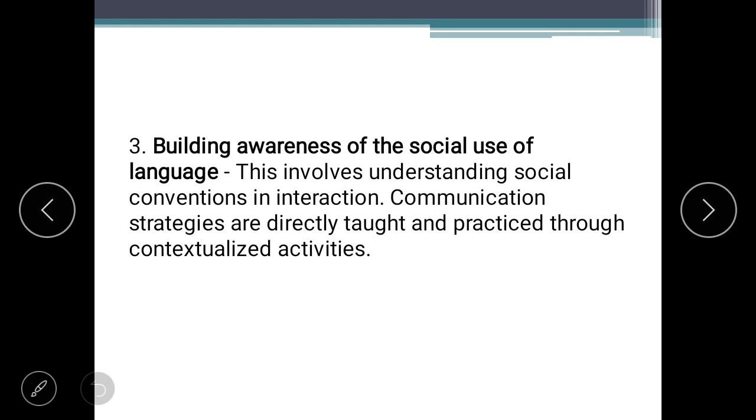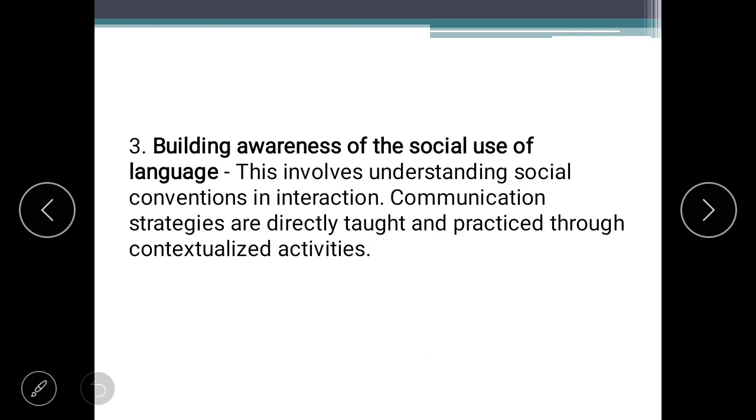So the third one would be building awareness of the social use of language. This involves understanding social convention and interaction. Communication strategies are directly taught and practiced through contextualized activity.